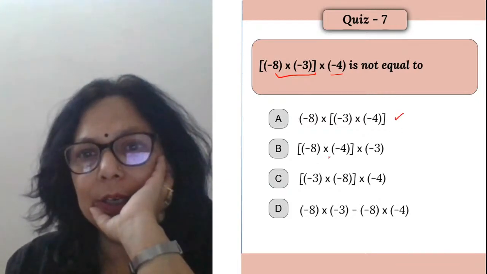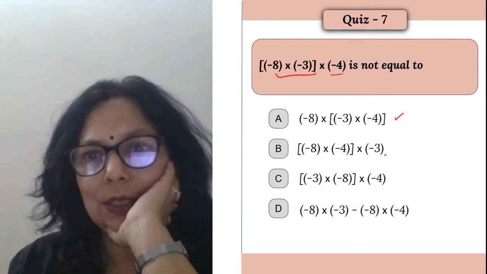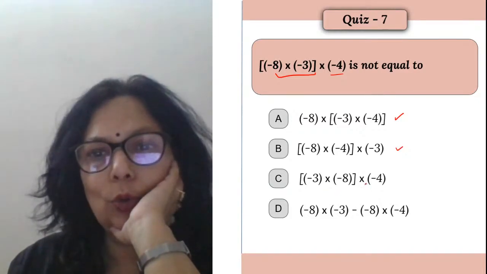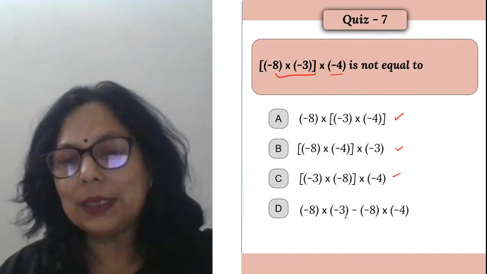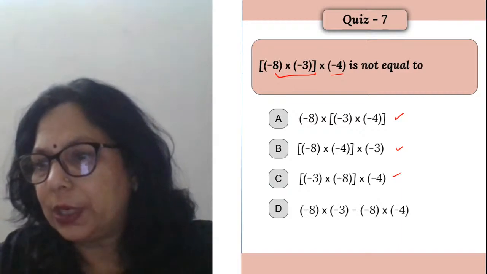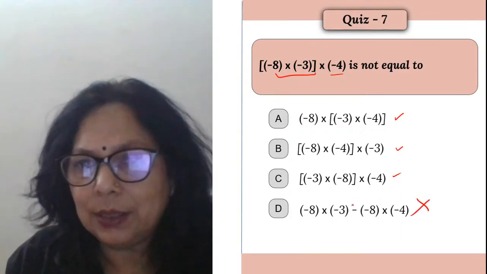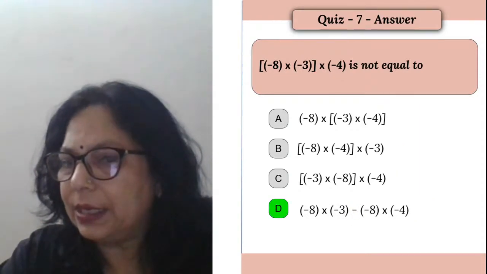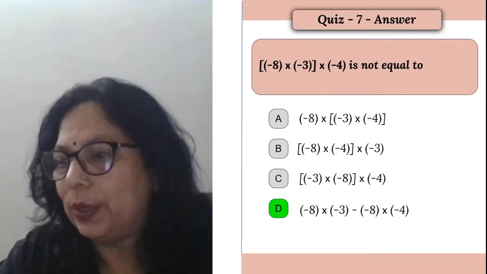Taking minus 8 into minus 4 in the bracket and minus 3 outside, that is also correct. Minus 3 into minus 8 into minus 4 is correct. Option D is wrong because here this minus sign has come. So all of you are right. Option D is wrong, so it is not equal to.